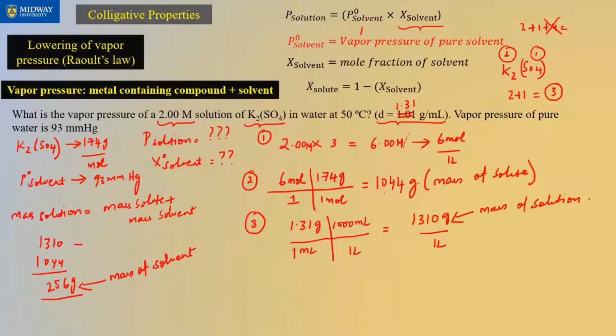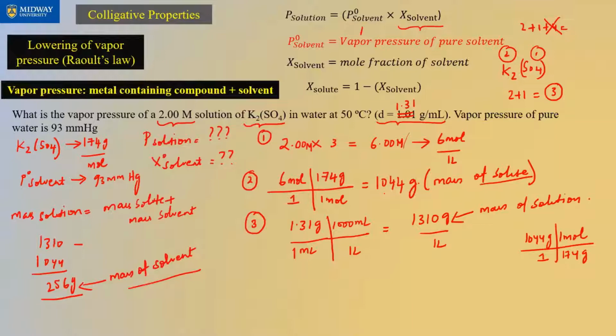Now we know the mass of solvent, which is water, and the mass of solute. We can find moles of each of these and then find the mole fraction. So 1044 grams over 174 grams per mole.